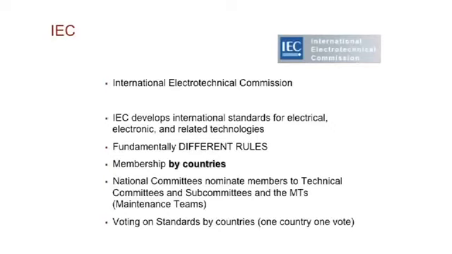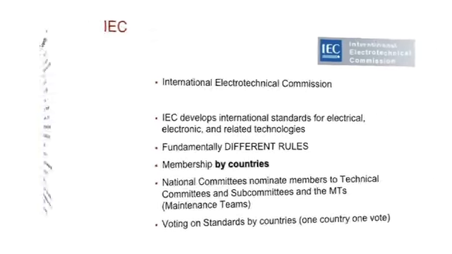They have a sort of similar structure, and I'll show you a little bit of these technical committees later on, but it's similar, not the same. So a one-to-one comparison is not possible, unfortunately. We sort of know where the boundaries differ, but it's not a one-to-one relationship. And again, voting on the standards is also by countries, one country, one vote.